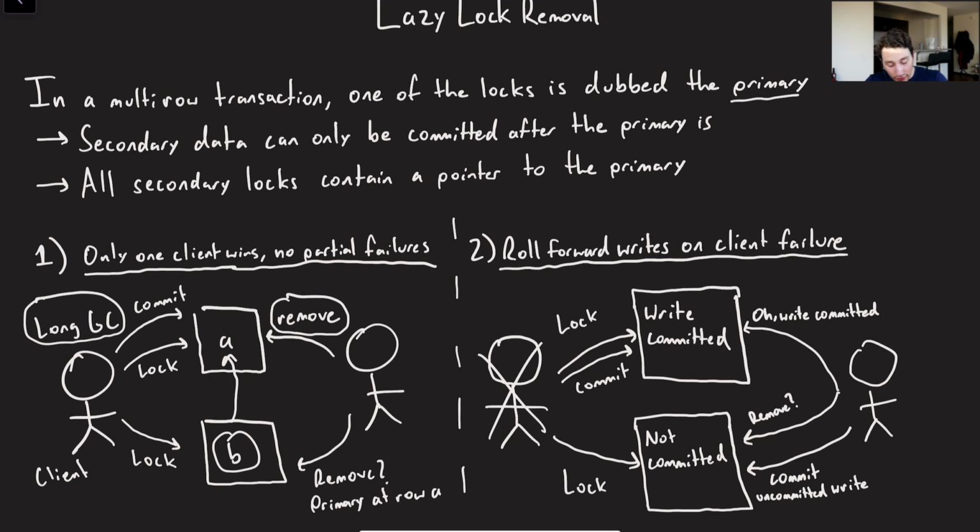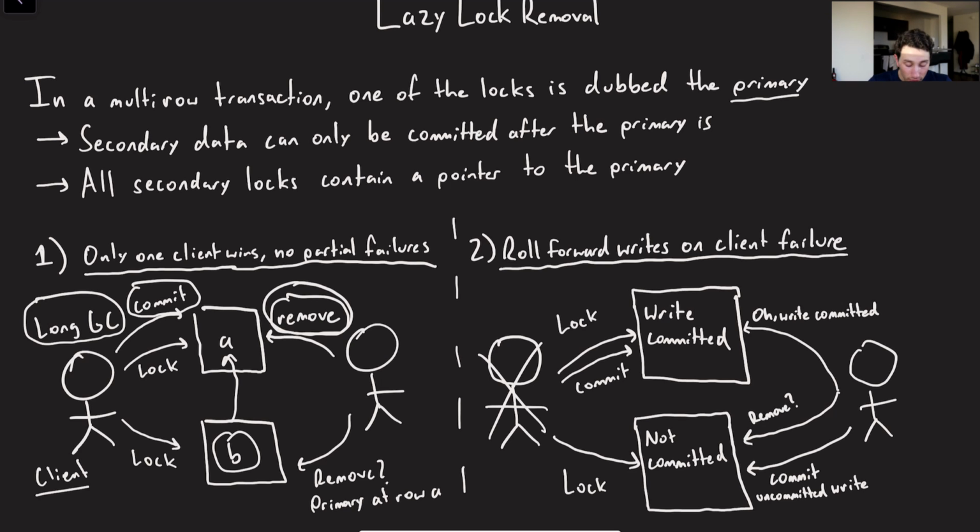What's going to happen first is, keep in mind, I said when a client goes ahead and tries to complete its 2-phase commit, it always starts with the primary lock. So regardless of what happens in this garbage collection, either this guy is going to commit A first, or this guy is going to remove the lock on A first. And once that A lock either gets committed or removed, it means that if it gets committed, the transaction has to complete because no one else can remove that lock in the future.